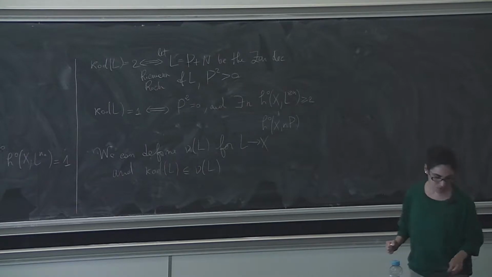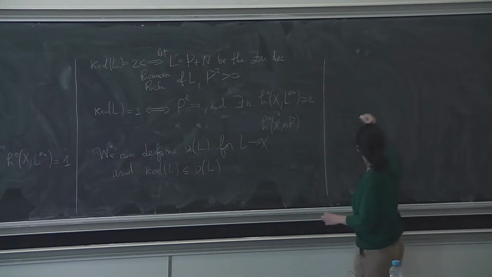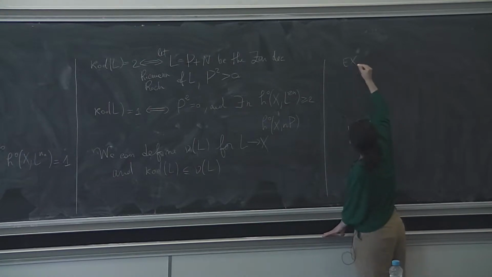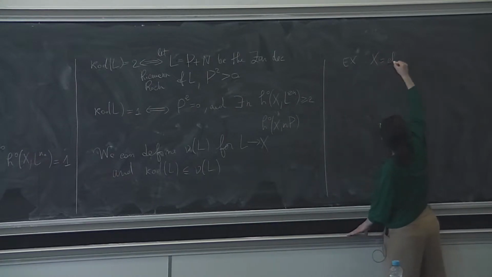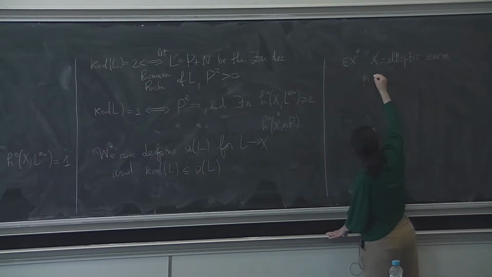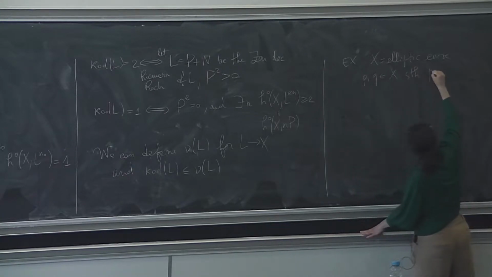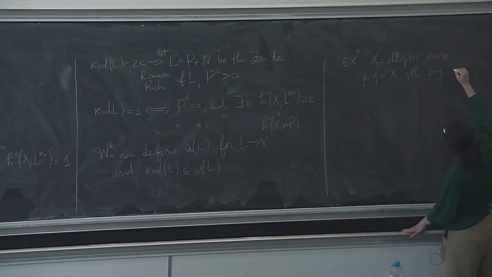So an example which was already given by Simone, I think, we take X an elliptic curve, and P and Q points in X, so that P minus Q is not torsion.